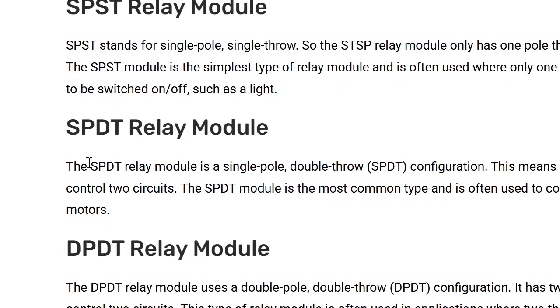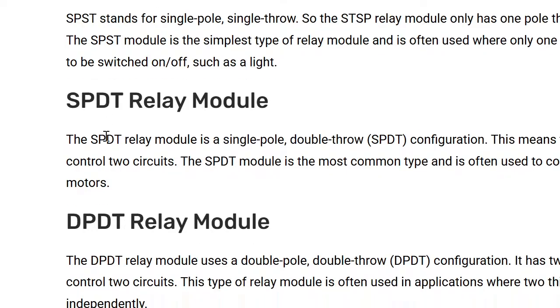And coming to the SPDT, single pole, double throw, you have only one input but multiple outputs. So with one input, you can control multiple loads. That's what you asked a couple of minutes ago, whether we'll have only one input or multiple inputs. It depends upon the relay configuration.